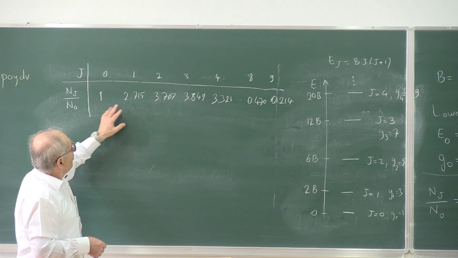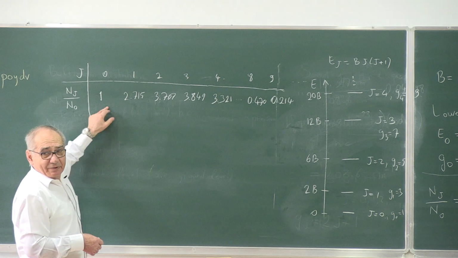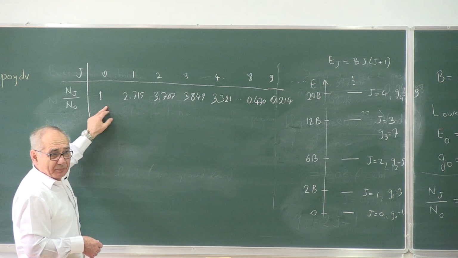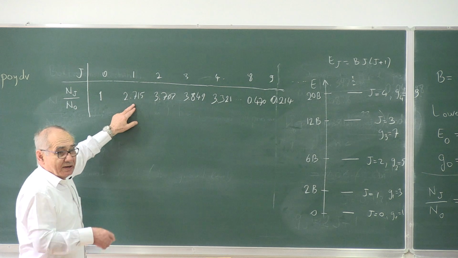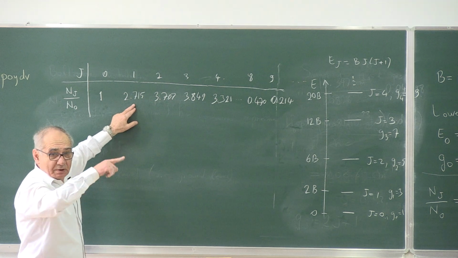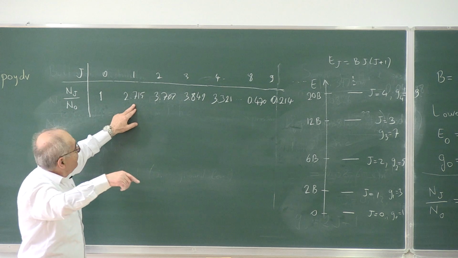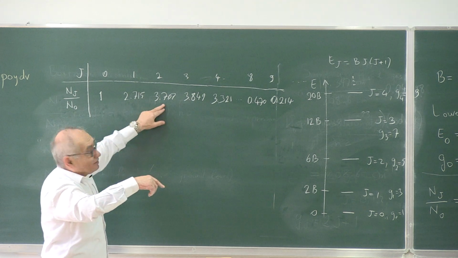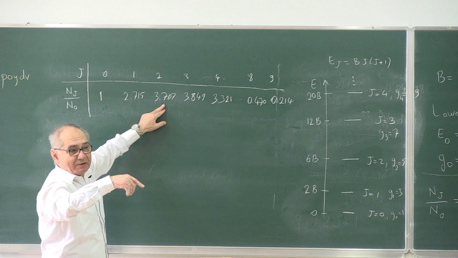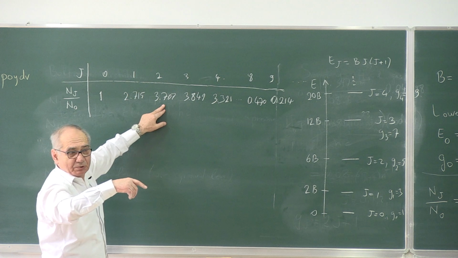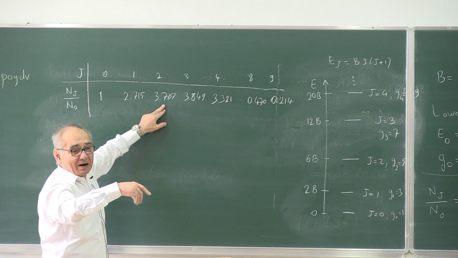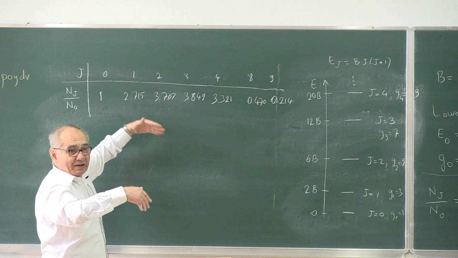There are more molecules than in the lowest level, the ground level, in the first excited rotation level, and the second excited rotation level, which corresponds to J equals 2, has even higher population than the previous ones.